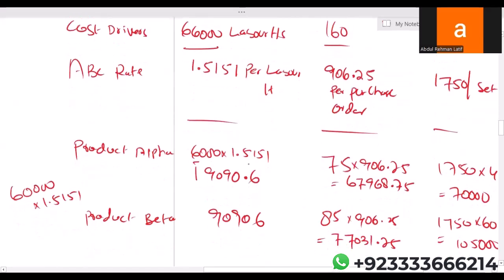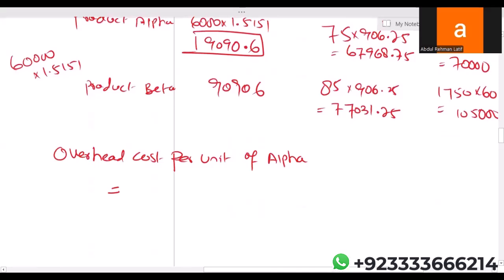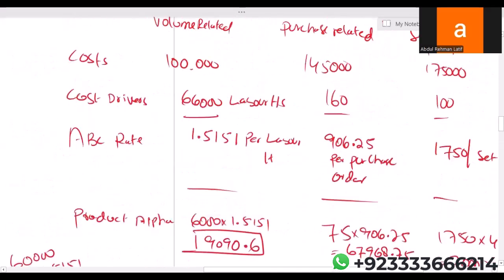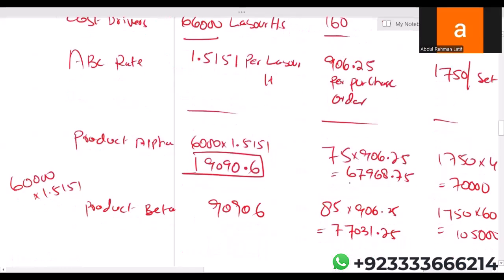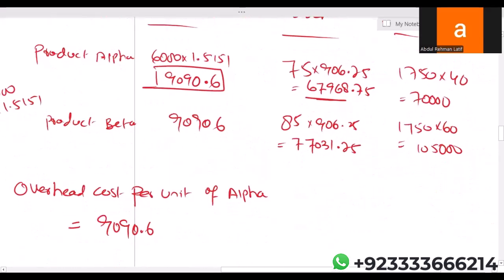Volume related, that is 9090.6. For purchase order related, it is 67,968.75. Setup is 70,000.